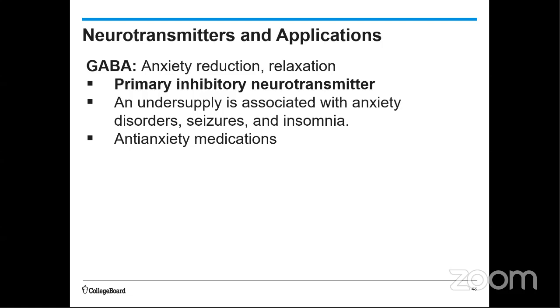So what those drugs do is they increase the transmission of GABA. They're going to increase this inhibitory neurotransmitter, which in turn is going to create relaxation. So anti-anxiety medications, benzodiazepines, drugs like Valium and Xanax, create relaxation by increasing GABA.